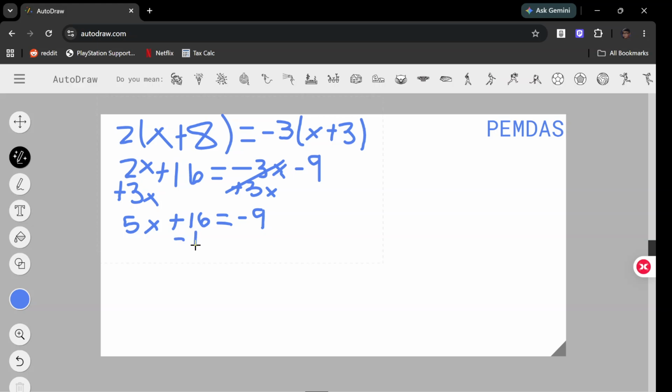We subtract 16 from both sides because I want the x component to be by itself. And then we get 5x equals, so negative 9 minus 16, that equals negative 25.